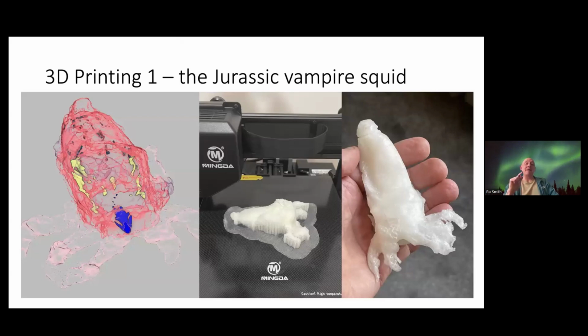So this is my introduction to 3D printing. I'm in Kuala Lumpur here, and on the left is a mesh or a set of meshes for the world's most completely preserved fossil coleoid. Coleoids are squids and octopuses and vampire squids.